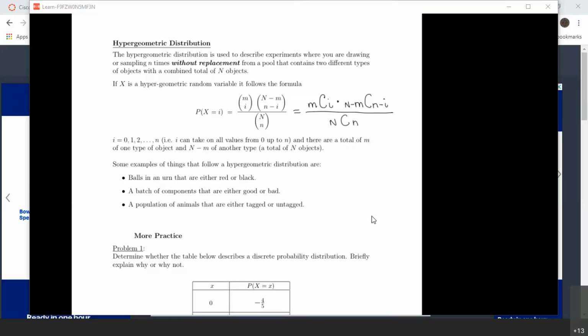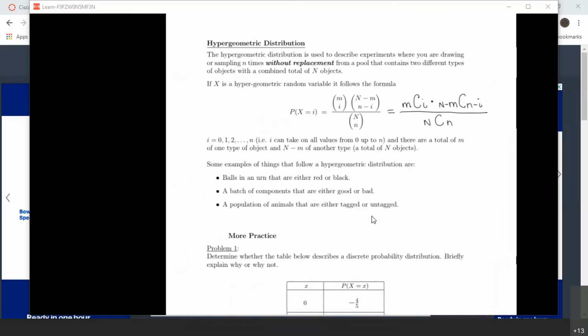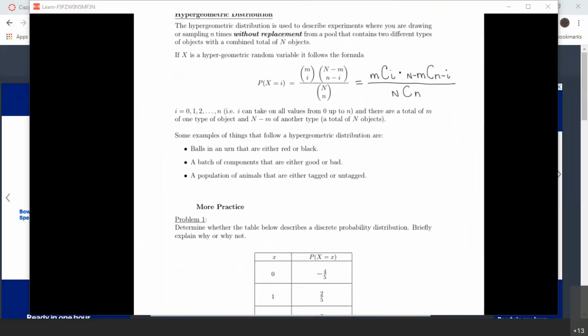Batch of components that are good or bad. Right, a population of animals that are tagged or untagged, a committee formed of men and women.